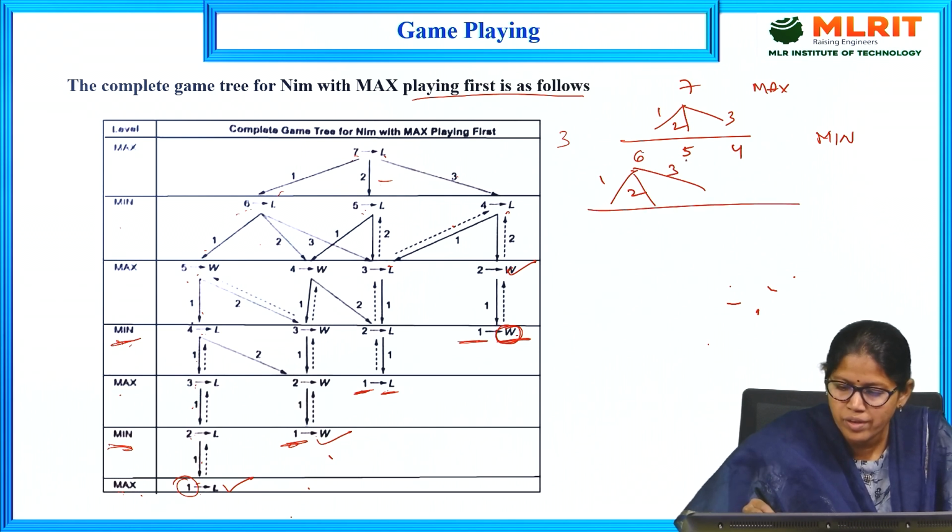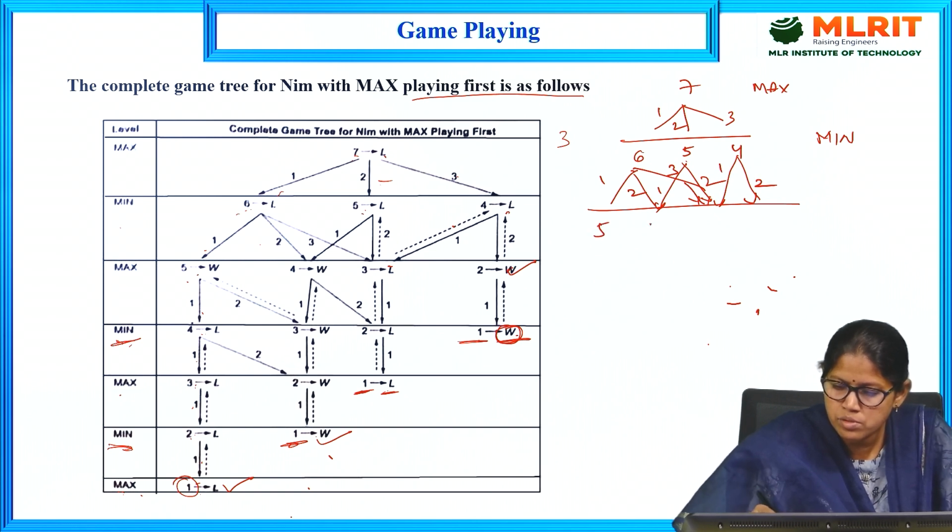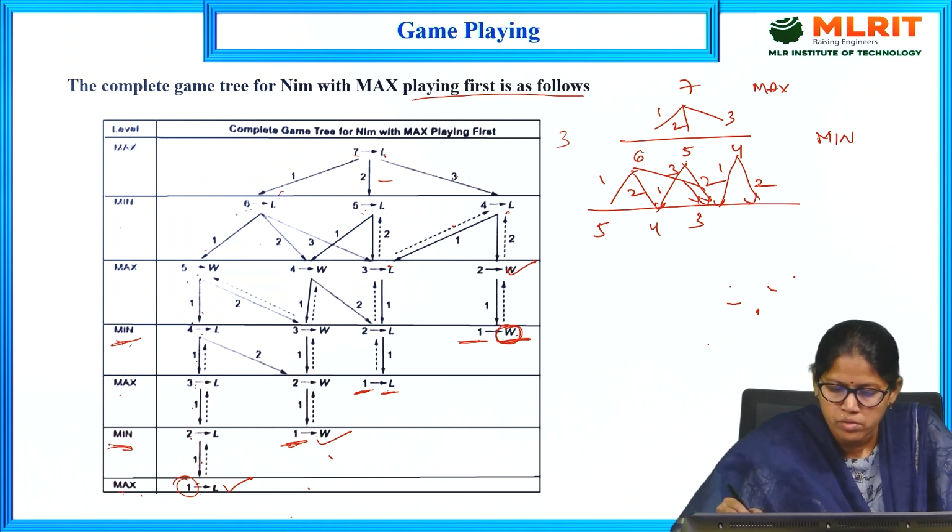So 5 minus 1, 4. 6 minus 2, 4. So 1, 2. 4 minus 1, 2, 1, 1, 2. 6 minus 1, 5, 6 minus 2, 4, 6 minus 3, 3, 4 minus 2, 2.